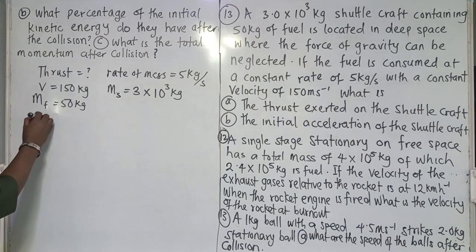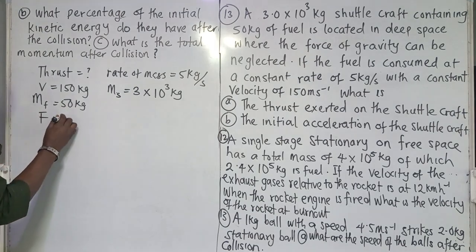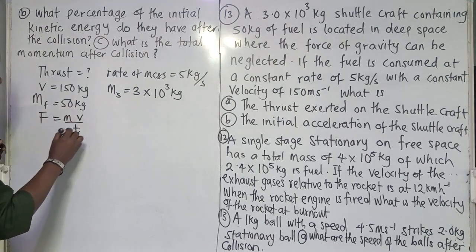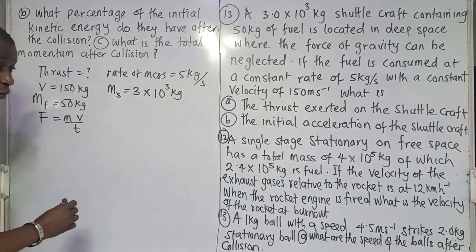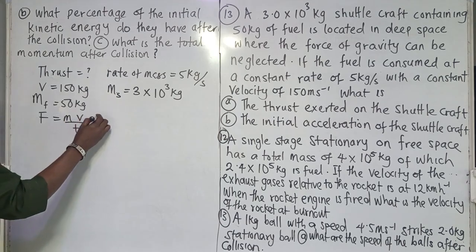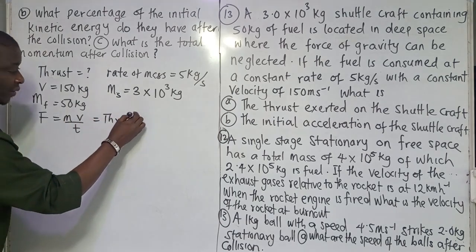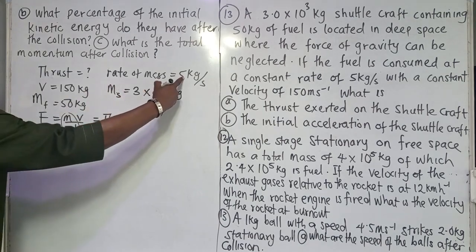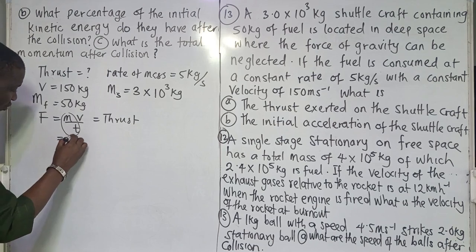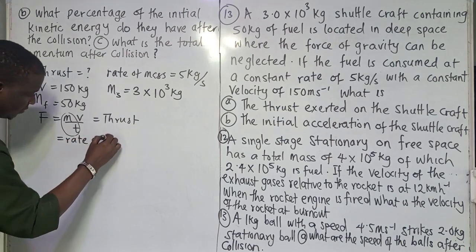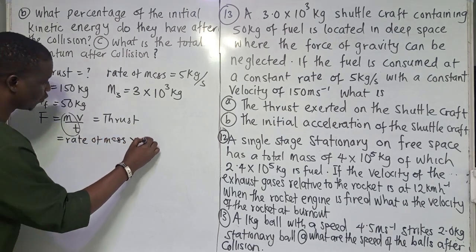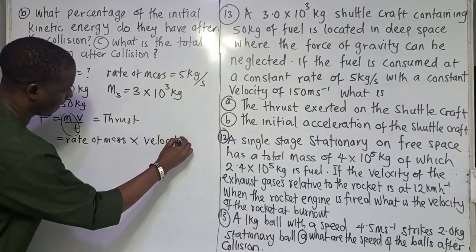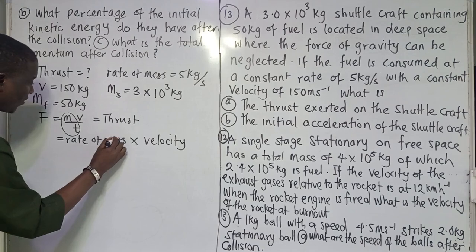Now what I'm going to do is know that force is equal to mv over t. We assume it's starting from 0. So which is the same thing as thrust here. And this particular one at the beginning is the rate of mass together. So you can write it as thrust equal to rate of mass times velocity.